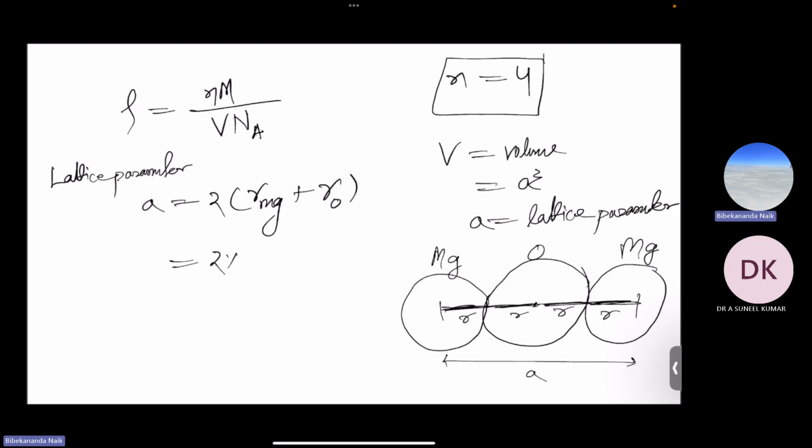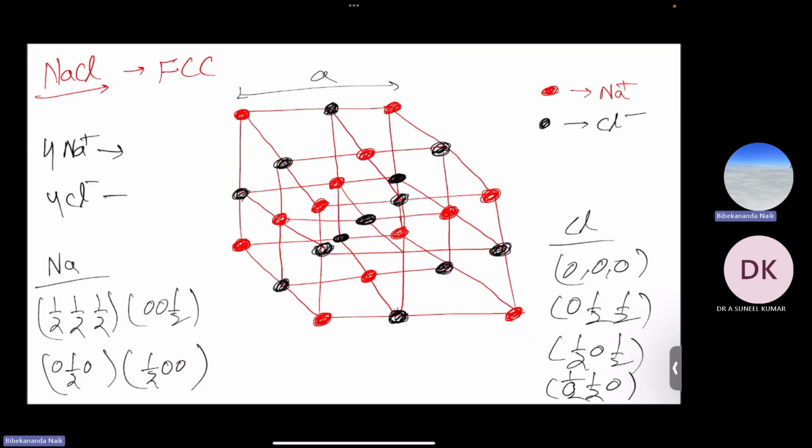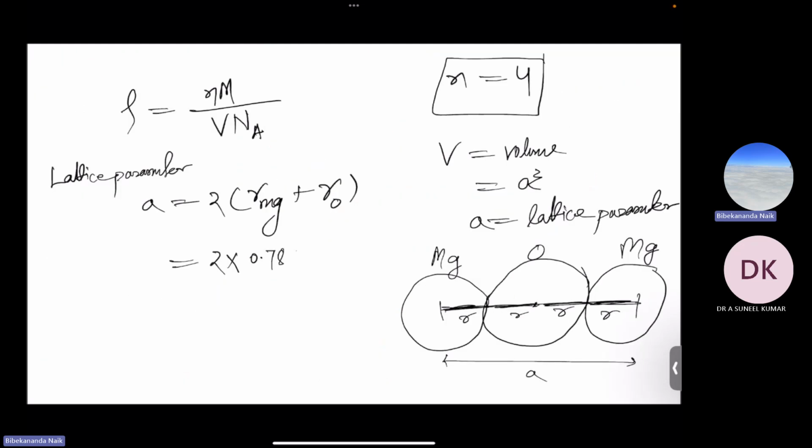So it is 2 into, what is the value? It is 0.78 Angstrom and 1.23 Angstrom. So it is 0.78 plus 1.23. So total it will be 4.20 Angstrom.